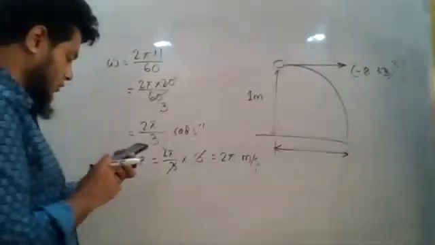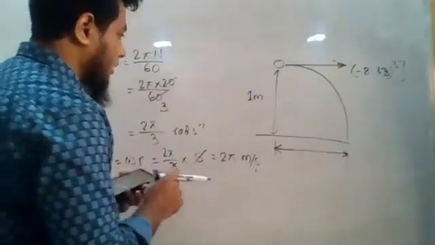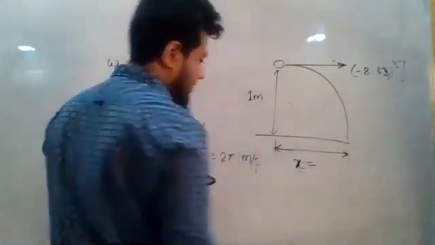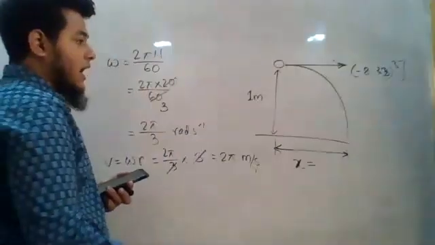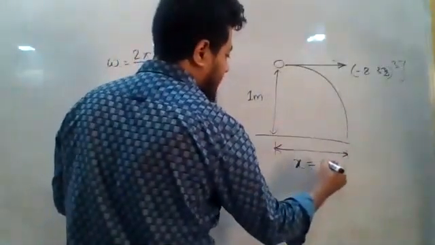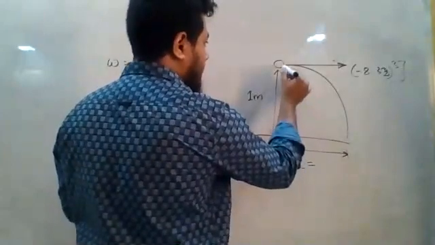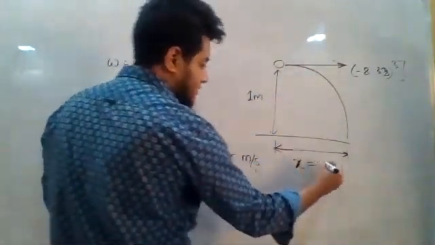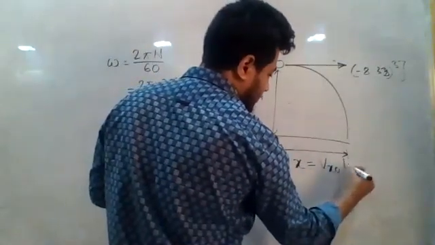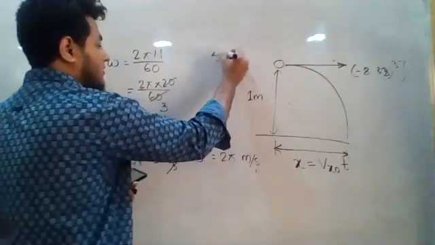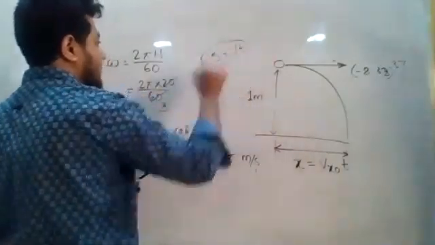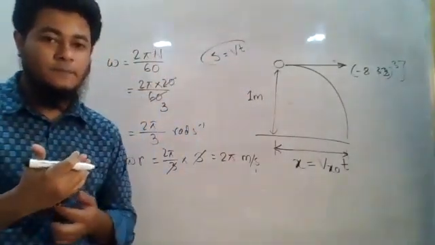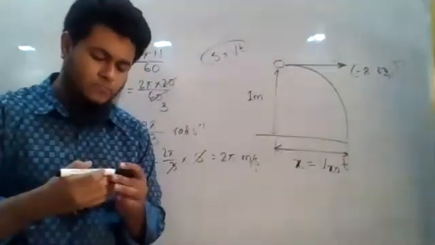Okay. So if I want to calculate the linear distance, let us say the linear distance is x, I need to get the velocity along x-axis, v_x naught into t. I have applied the formula s equal to vt here. Can anybody tell me why I will apply the formula s equal to vt?